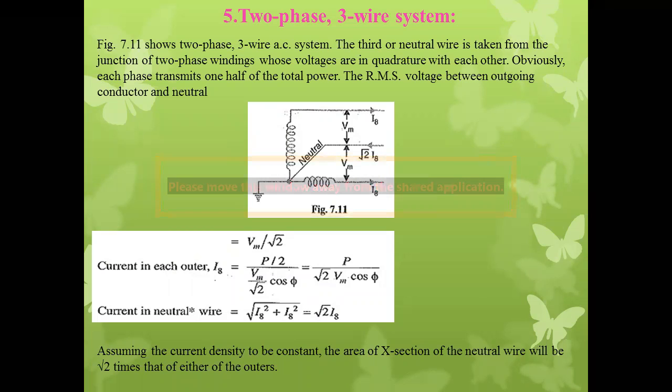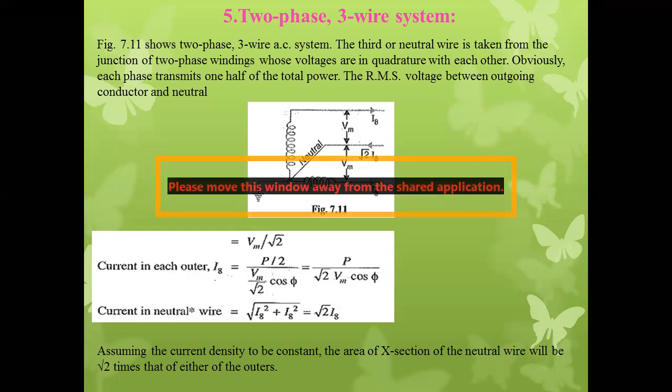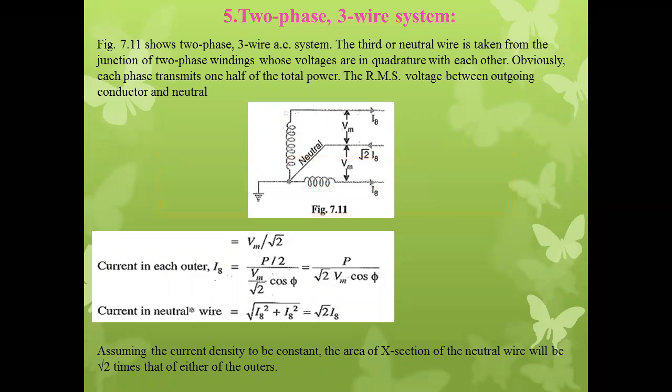The expression for the current flowing through the phase, I8, is equal to what? As I said earlier, the individual phase conductor transmits half of the total power. That's why, while deriving the expression for the load current, we take exactly half the power, P by 2. So P by 2 divided by Vm by root 2 into cos phi.